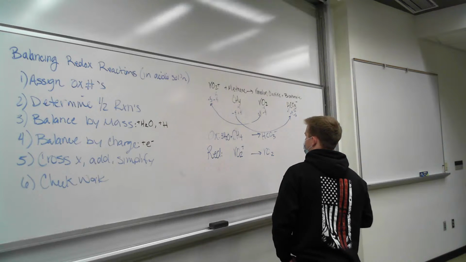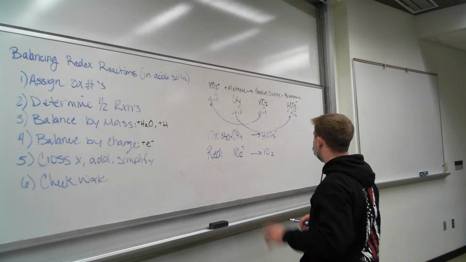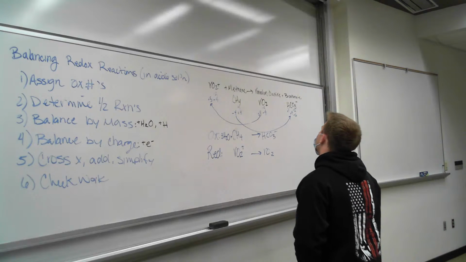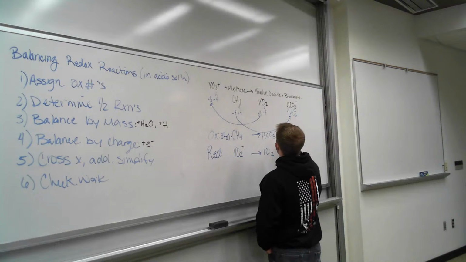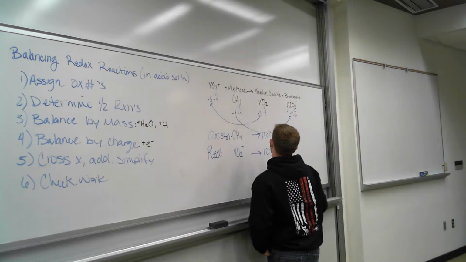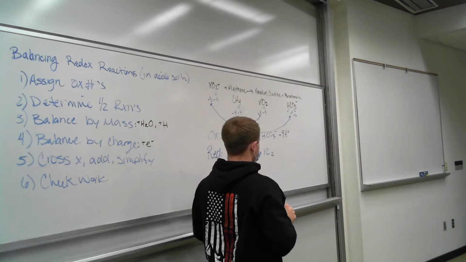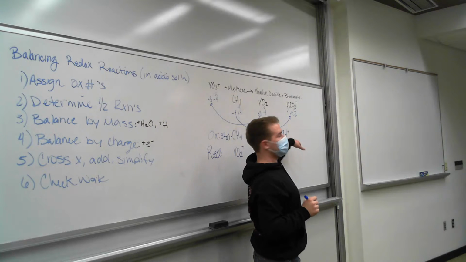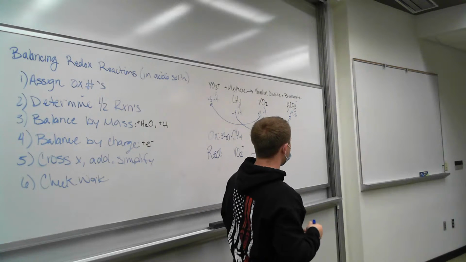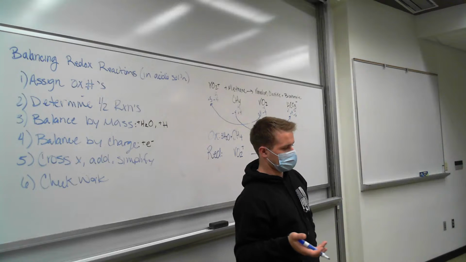Add hydrogen to which side and how many? Add it to the right side, 9 H plus. Right, and now we have 1 and 9, so 10. Over here we have 3 times 2 is 6 and 4, so we have 10 and 10. We are balanced by mass.